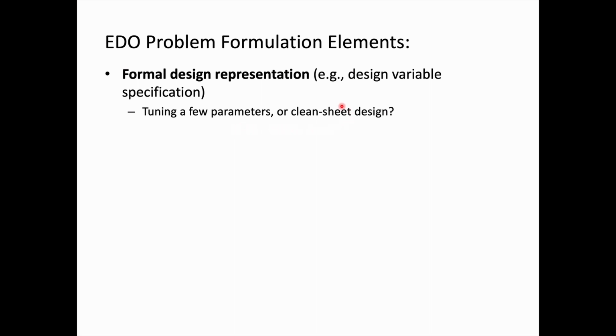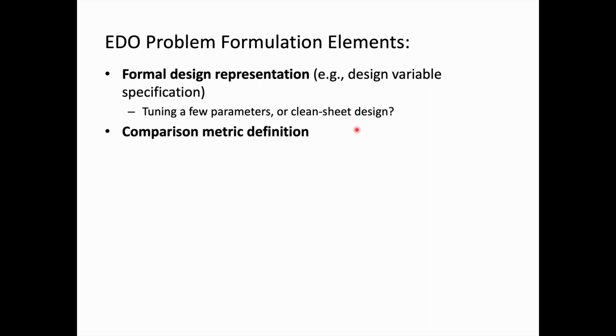Or are we going to be attempting a more ambitious clean sheet design where we have tremendous design flexibility? This is a big decision. If we're just tuning a few parameters, then that's a much easier problem to solve typically. But if we are allowing profound design flexibility, that can be a very significant undertaking.